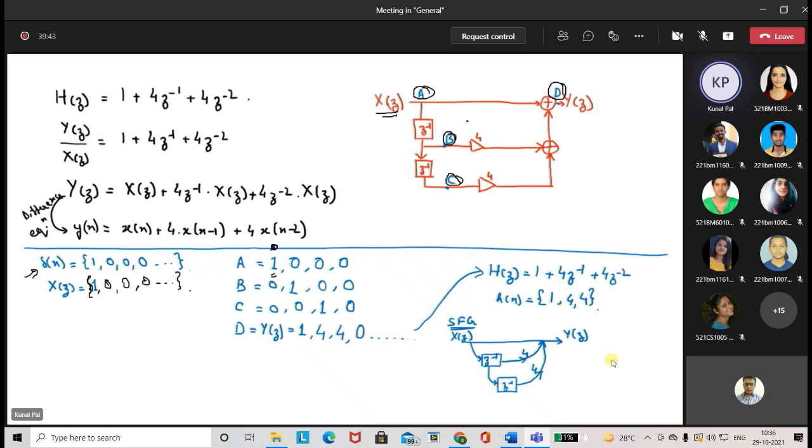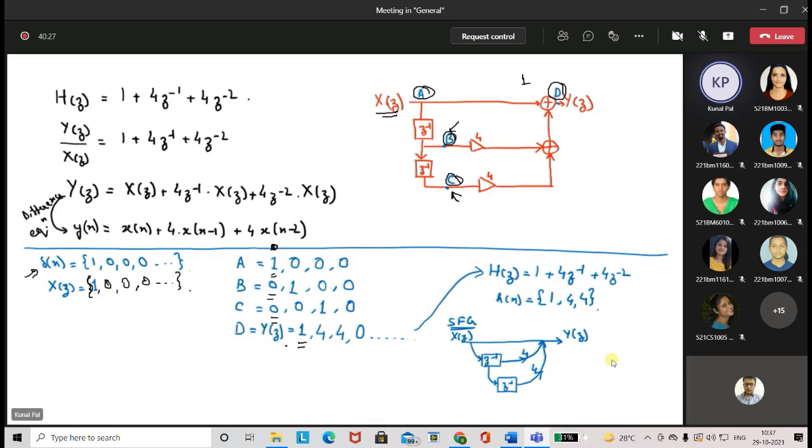Now at node B, at the previous instance, what were we having? We were having nothing, so we got 0. Then when we look into node C, there are 2 delays, that means we have to see 2 previous instances. In the 2 previous instances, we are having a value of 0. So from A we get 1, from B we get 0, from C node we get 0. So at D, at the time instance of 0, we get a value of 1.